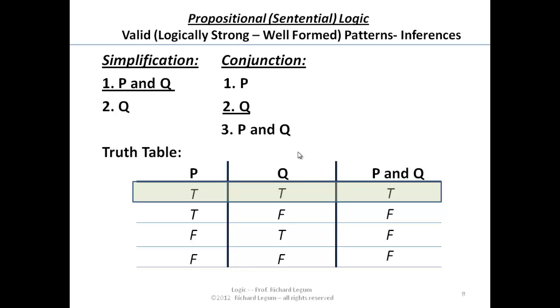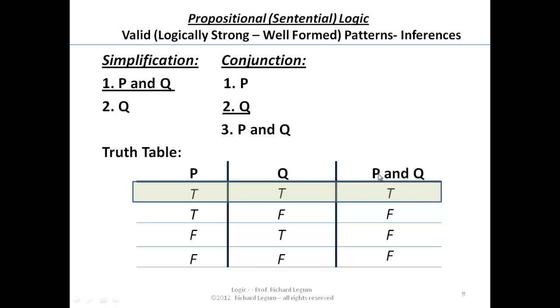Notice we could also conclude that P is true. Or going in the other direction, if we have P and Q as premises, we want to look for a case where P is true and Q is true, the first column. We also can conclude that P and Q are true.